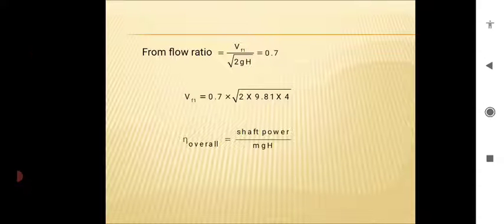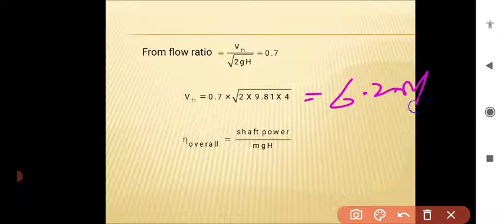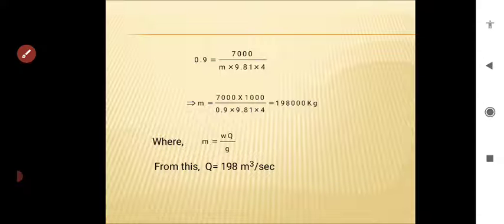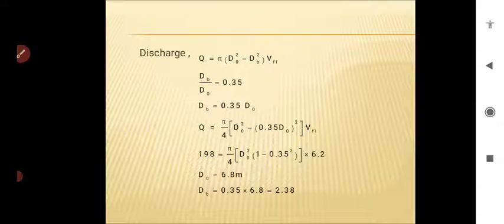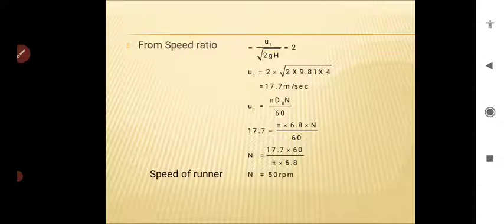So Vf1 is equal to 6.2 meter per second, and from the overall efficiency we calculate the mass, and from that we calculate the discharge Q. From the discharge we calculated the outer diameter and the diameter of the hub. From the speed ratio we calculated the u1 value, and from the blade velocity we calculated the speed of the runner.